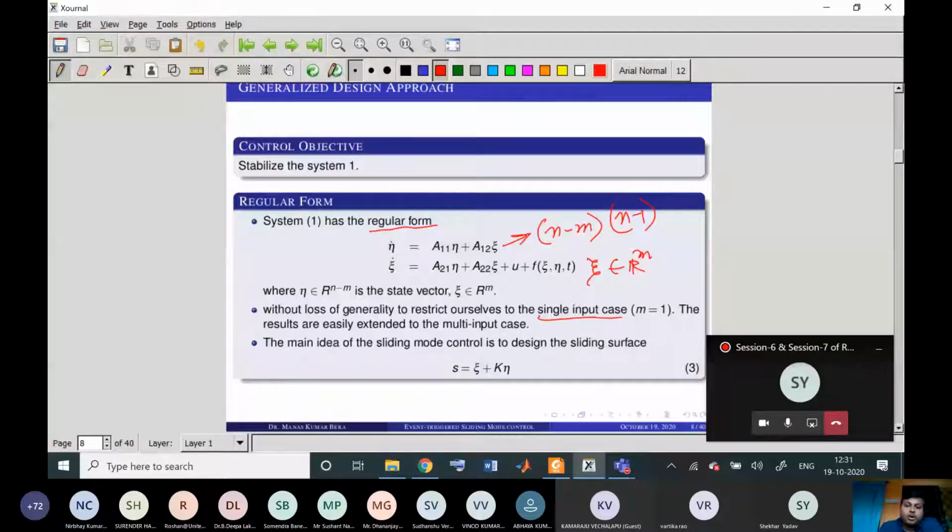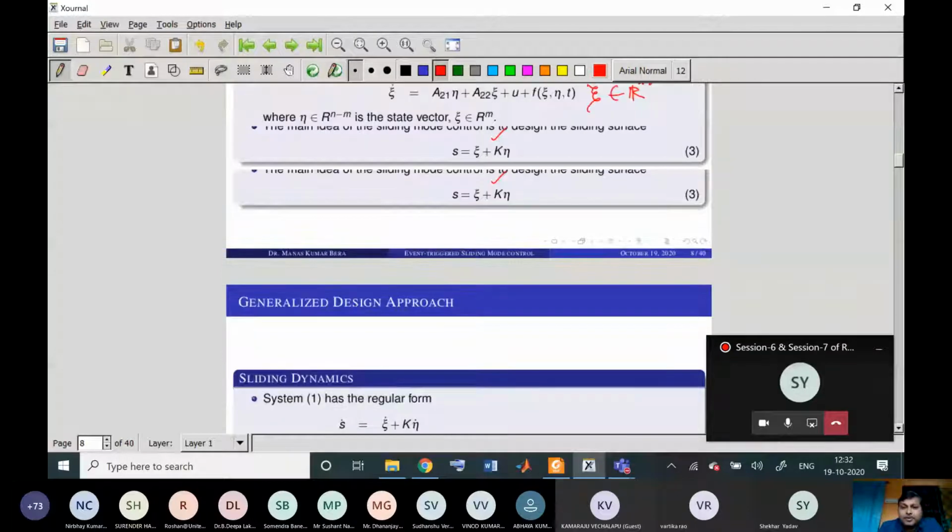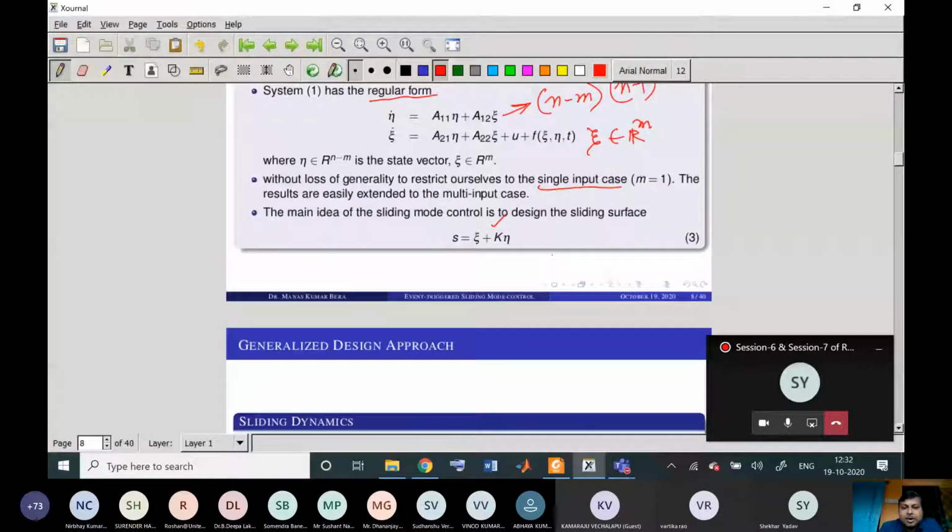To fulfill the aim that as t tends to infinity, x of t goes to 0, we choose a sliding surface in the transformed domain, that is s equals zeta plus k times eta. K is a design parameter, and I will mention how to choose it subsequently. Now what is our aim? Our aim is to make s and s dot equal to 0 in finite time.